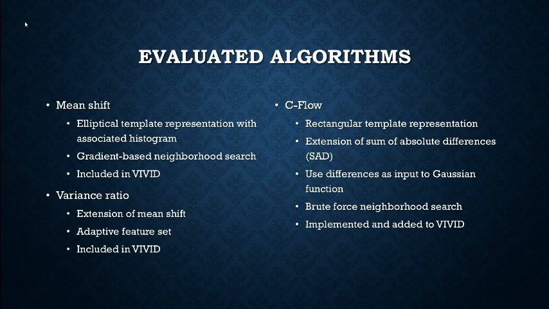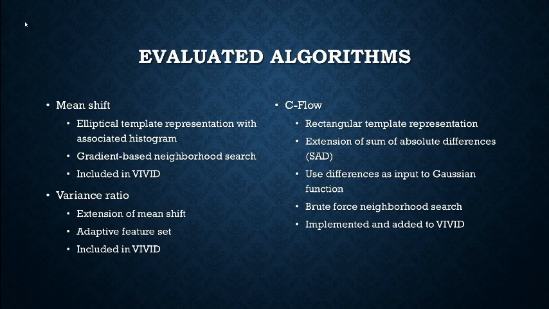It can do this brute force neighborhood search, and that also makes it more robust in the fact that the gradient might not lead directly to the next object position. Now, this is the one I actually tried to implement and add to Vivid.